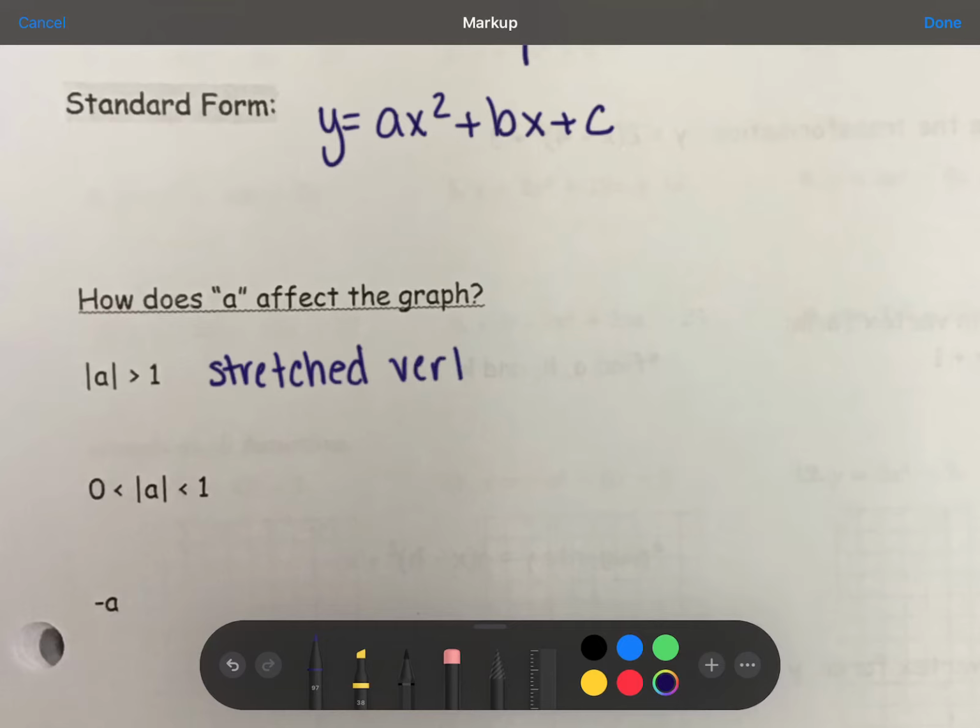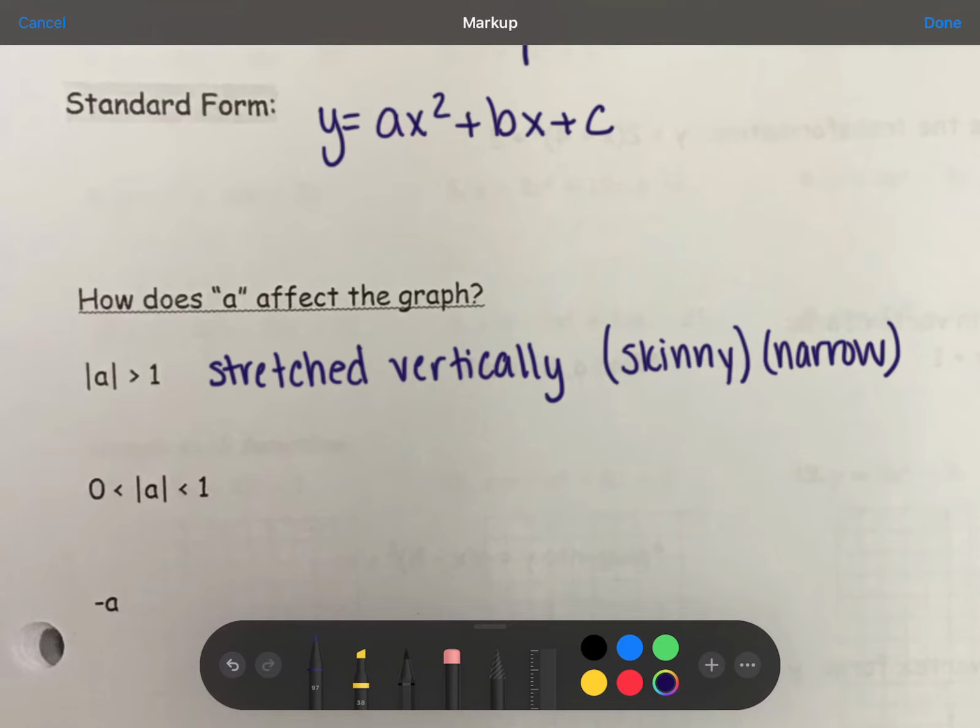And if you imagine a piece of paper that's stretchy and you put your U, your little parabola, on the stretchy paper and you pull that paper vertically, it causes your graph to get skinnier. It's going to make your graph skinny. And another word we use is narrow. Okay, so you can have a little skinny graph, a little narrow graph.